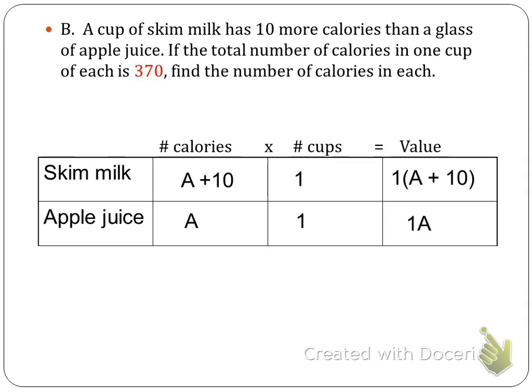That just shows you that we are multiplying these together. All right. And whenever I add both of the values, I should get 370. Questions on this one?